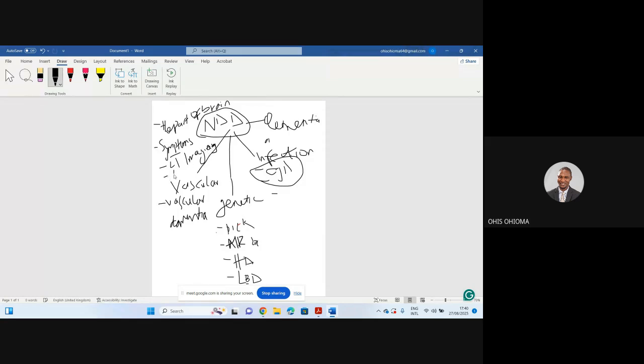And then you need to be able to recognize the histology. These are the three things you need to know to get maximum points when answering neurodegenerative disorder questions. This is the template I'm going to use to explain all the neurodegenerative disorders here.